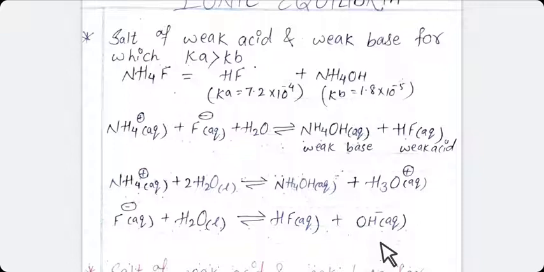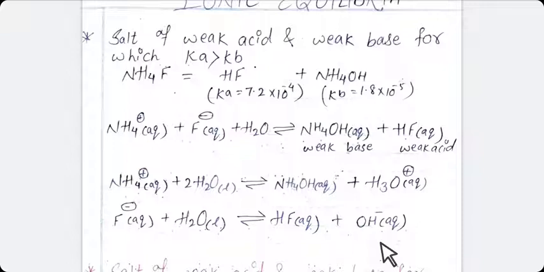In other words, NH4+ ions are slightly stronger as acid than F- ions as base. The solution of ammonium fluoride is thus only slightly acidic and turns blue litmus paper to red. So it is the first type of salt in which Ka is greater than Kb.